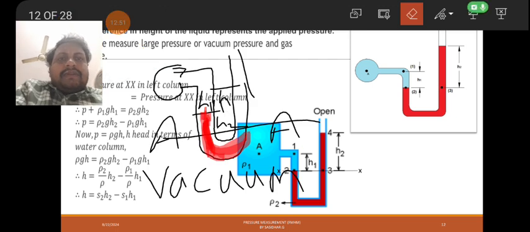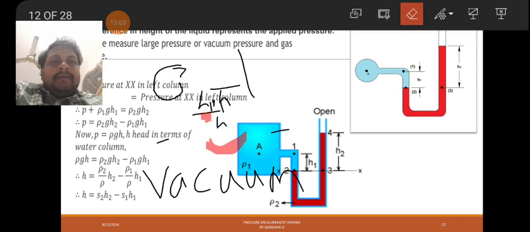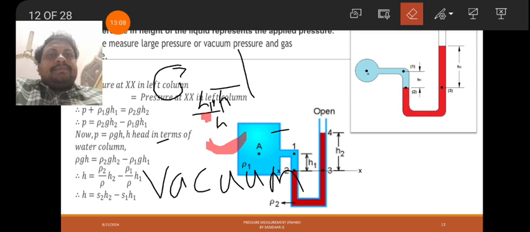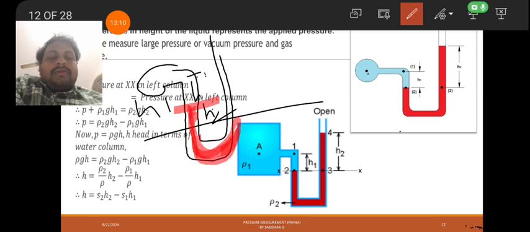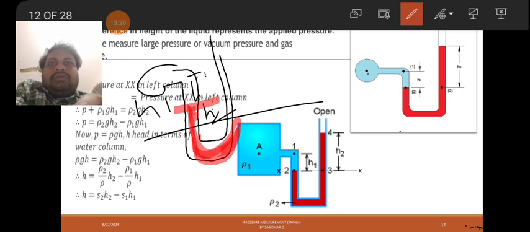For measuring the vacuum pressure, you may observe this diagram. The level of the heavy liquid in the manometer will be shown like this.